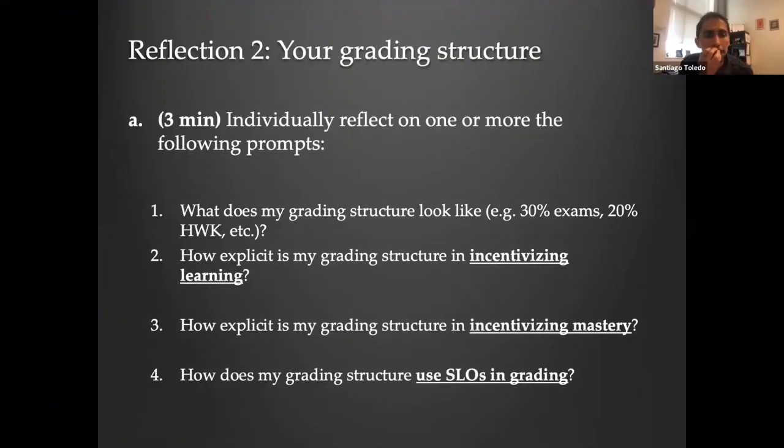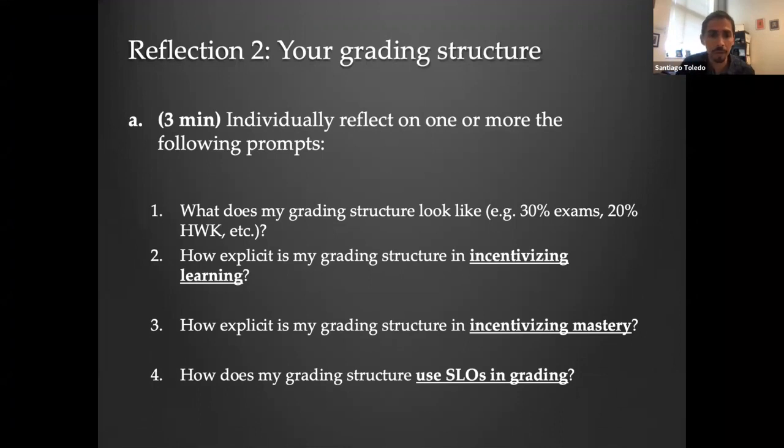I think so, because what I was hoping to do, when I do these longer workshops, is it's useful for all of us to begin thinking about three ideas: how does it incentivize learning, how does it incentivize mastery, and where do we have opportunities for that. And maybe there's room for how to think about SLOs within your grading structure.